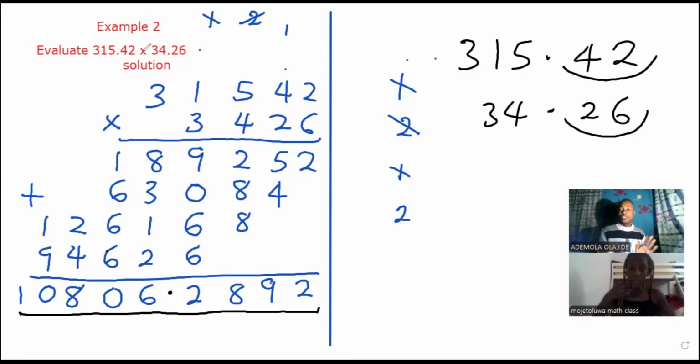Yes, that's what I want to hear. You align the decimal points to arrange the numbers, then you add them. And the same goes for subtraction. When you are subtracting, that's what you also do.